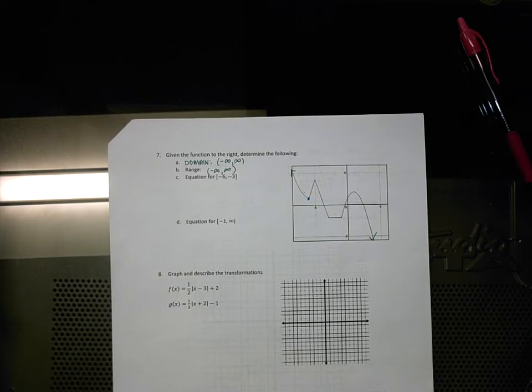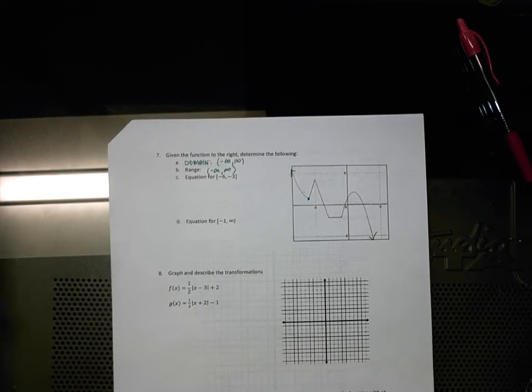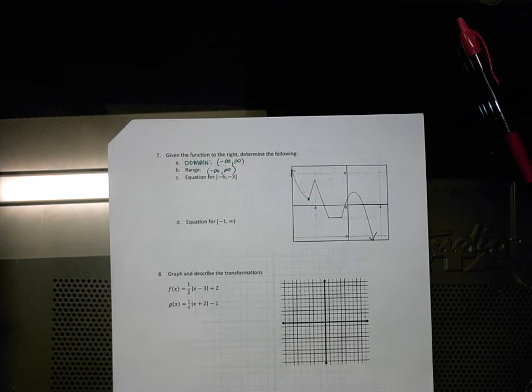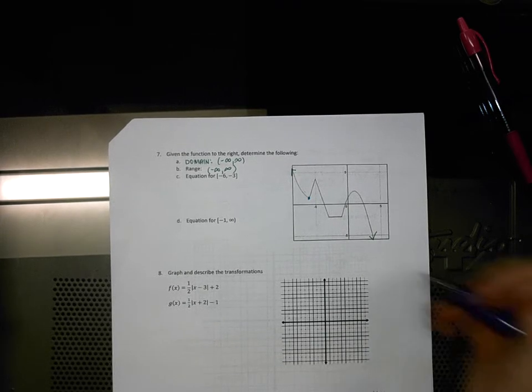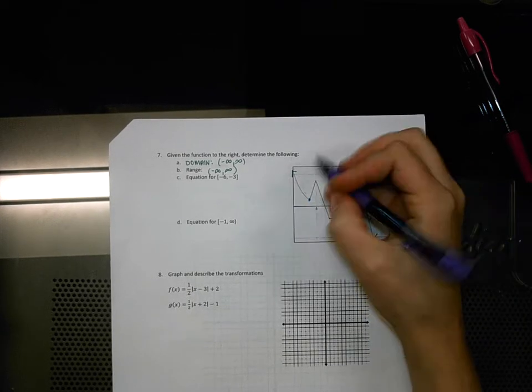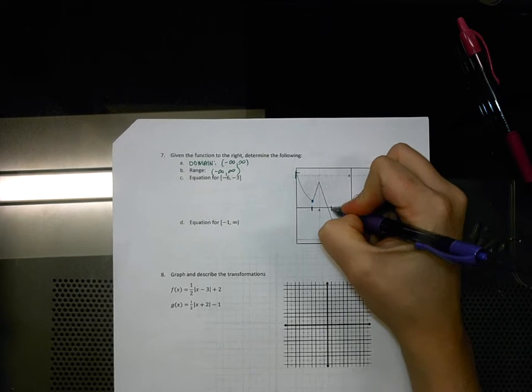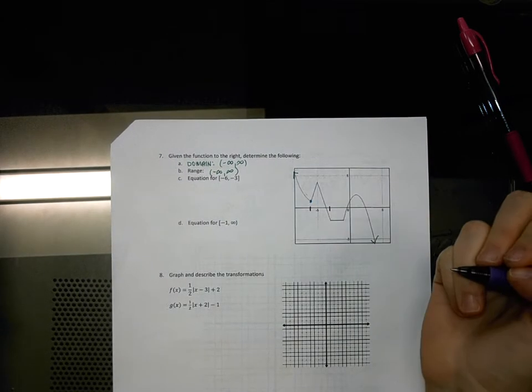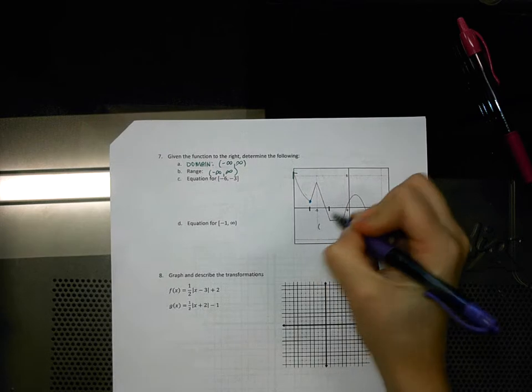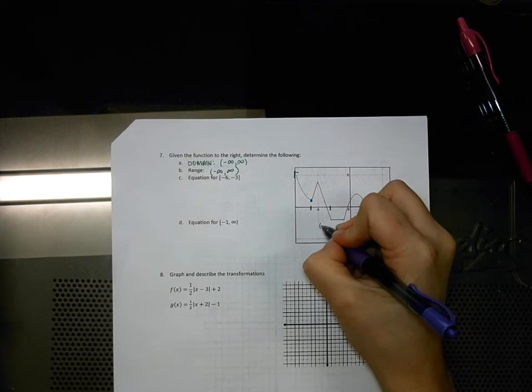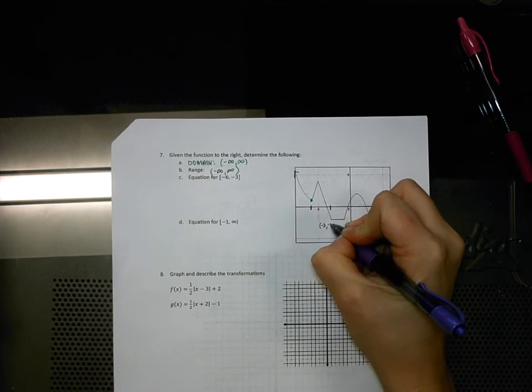But now we need to write an equation for certain parts or pieces of this function. So this is a piecewise function. We're going from negative 6 to negative 3. So this point right here, go ahead and write it down if you don't already have it. This point is negative 3, negative 2.